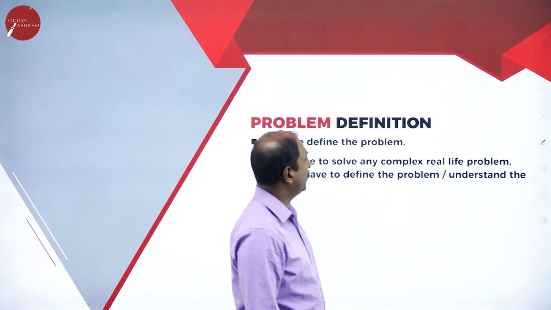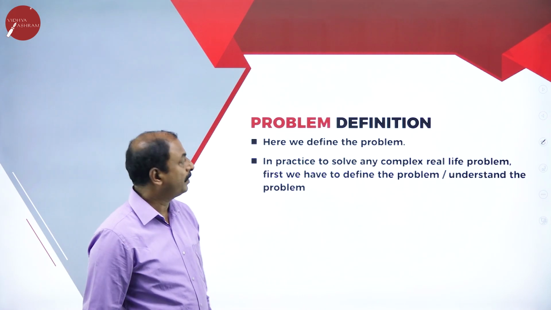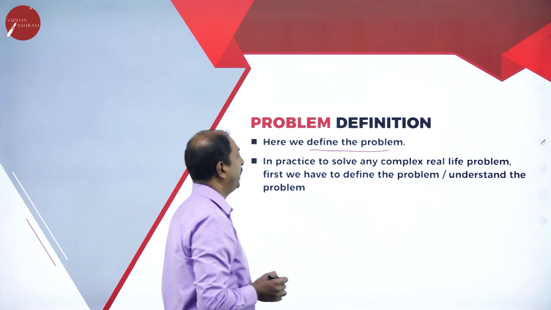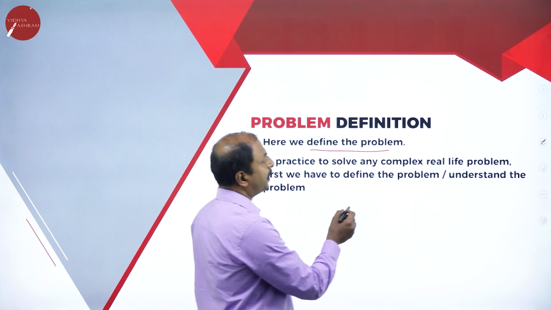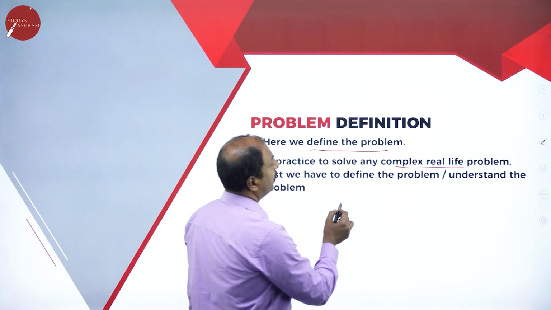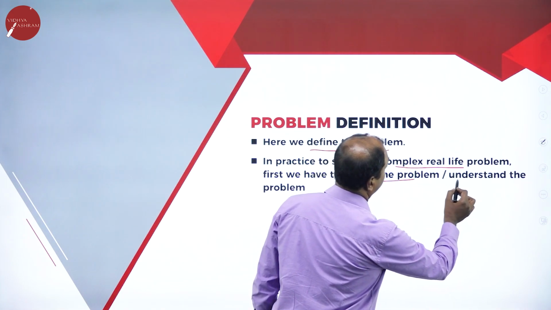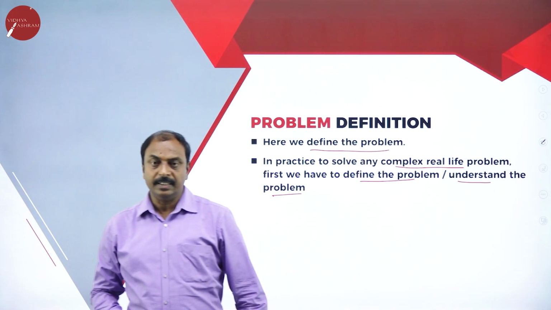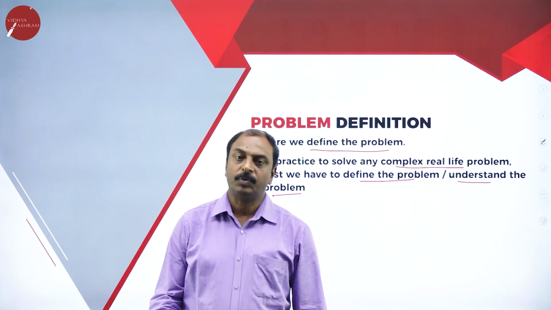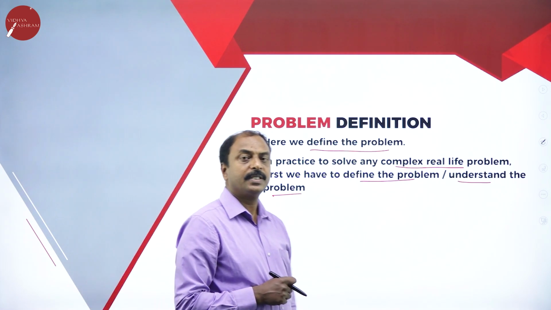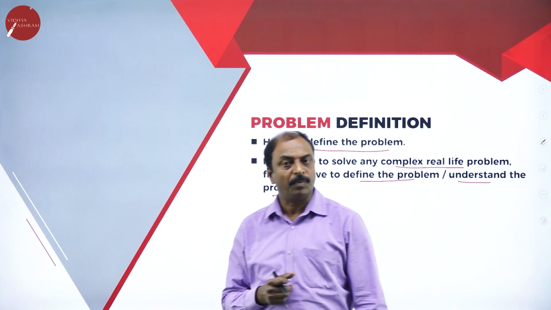First one is problem definition. So what is problem definition? This is to define the problem. In practice, to solve any complex problem in real life, we have to define the problem, or another word is we have to understand the problem. In general, if you want to solve any type of problem, first of all, the user or the programmer should know what the problem is.